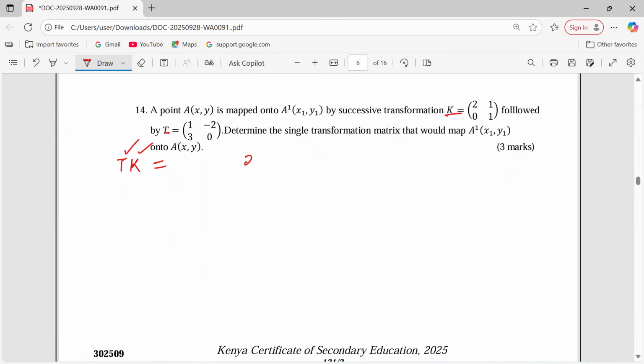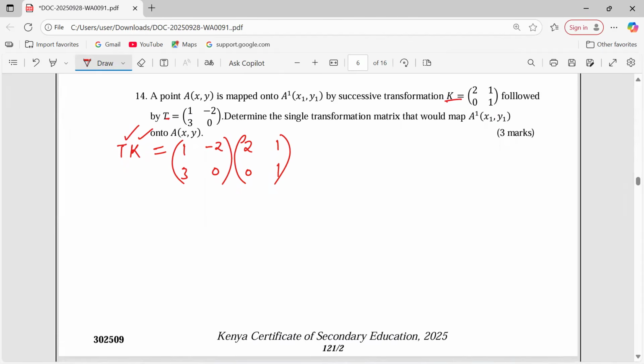So this is 2, 1, 0, 1. Then we shall have 1, negative 2, 3, 0, like that. So in case we get this product now, it shall replace the two matrices and we will get a single transformation that would replace the successive transformations.